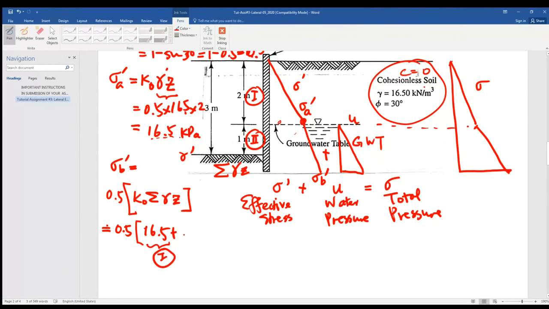And layer 2, what's the layer 2? Because we are talking about the effective unit weight, minus 9.81, that's the gamma dash times the thickness of layer 2, 1 meter.